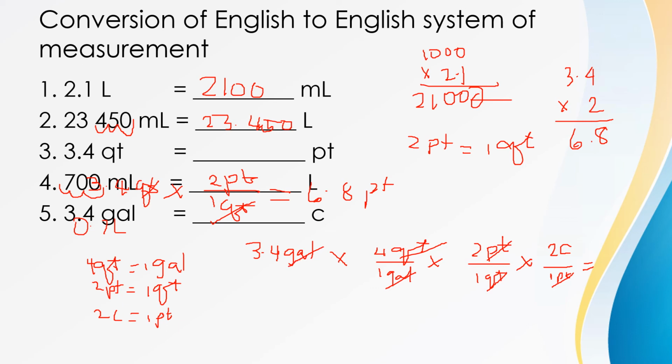Alright, so here, 2 times 2, 4. 4 times 4, 16. Okay. 16 times 3.4. 6 times 4 equals 24. Carry 2. 4 times 1, 4 plus 2, 6. 3 times 6 equals 18. 3 times 1 is 3.